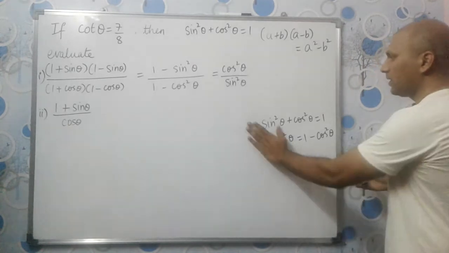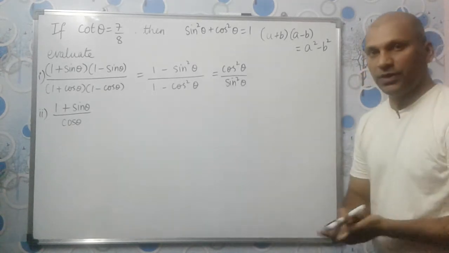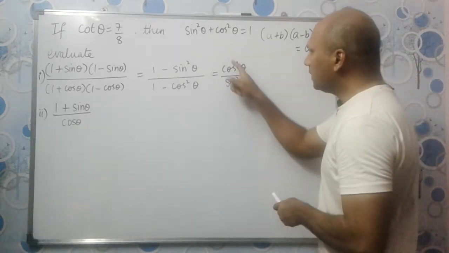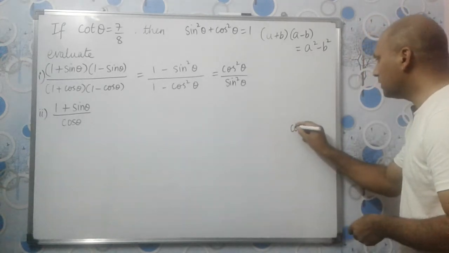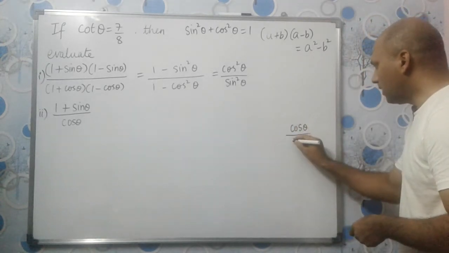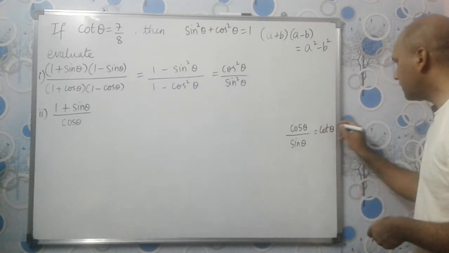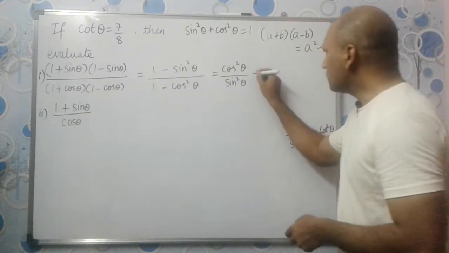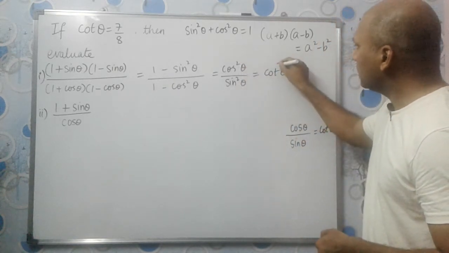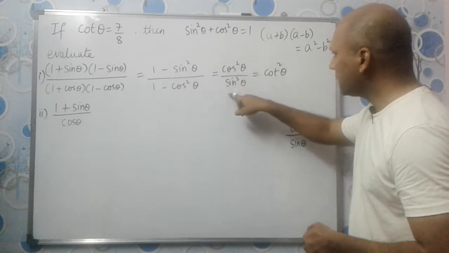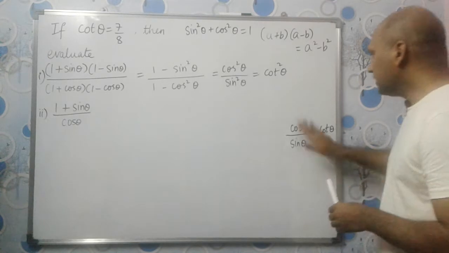Now from one of our videos in which I explained the relationship between trigonometric ratios, we learned that cos divided by sin theta is equal to cot theta. But don't forget squares, because we have cos square divided by sin square. So this will give us cot square theta.